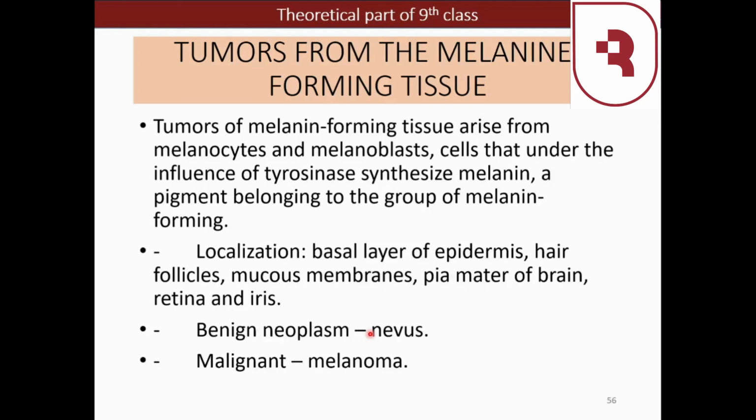Only in these places may we see the primary areas of tumor, and only in this localization could the tumor be benign. A benign neoplasm is nevus, but the malignant one is melanoma.